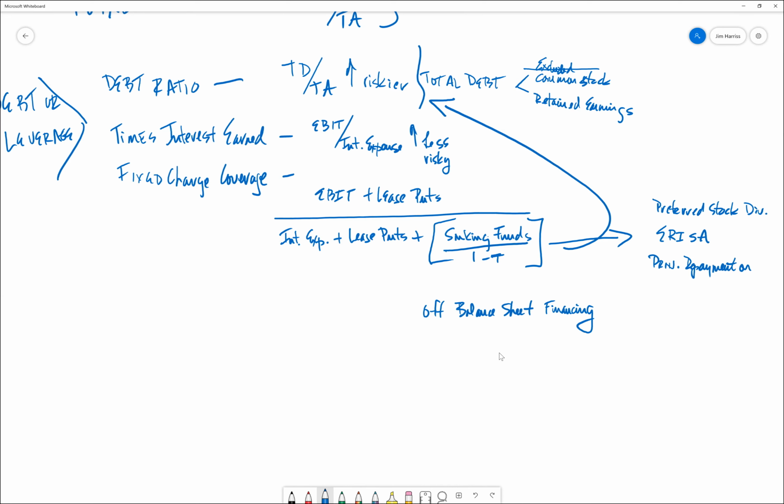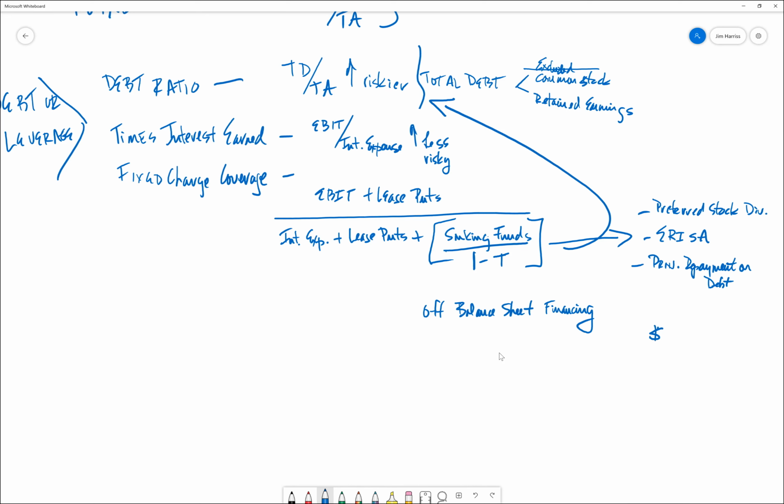Just say on debt, because all we've paid so far is interest expense. All of these come out, and there's a lot more, but that gives you an idea. All of these sinking funds are created by statute or by contract, and they all come out after tax. That's where this 1 minus T idea comes in. Let me show you what happens.